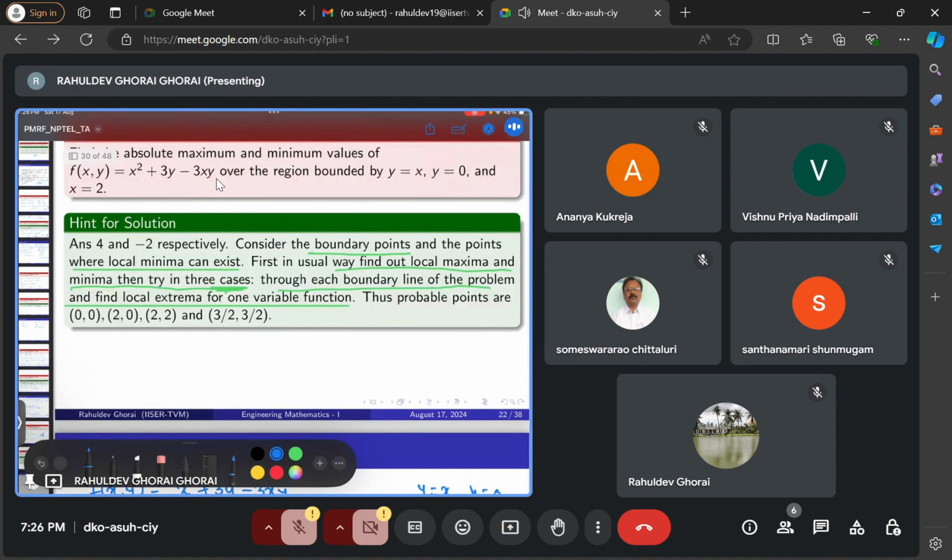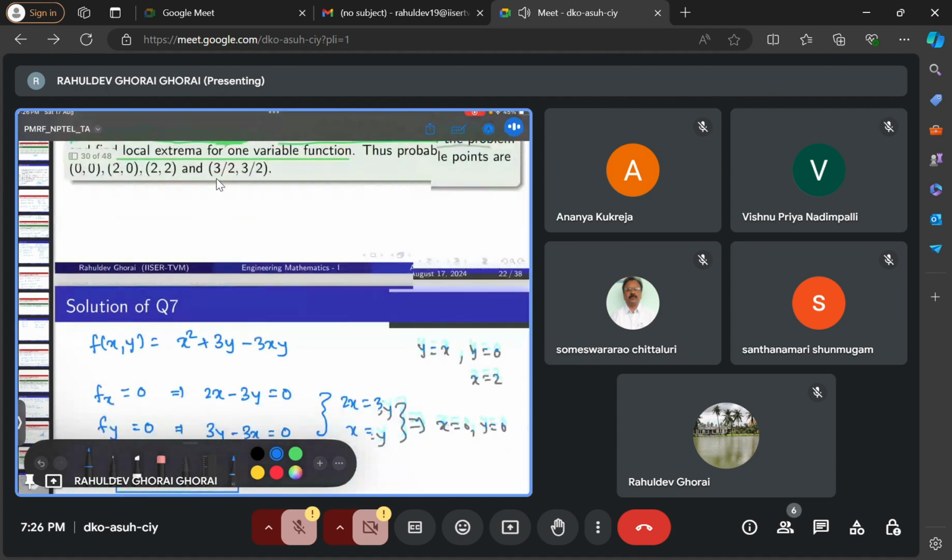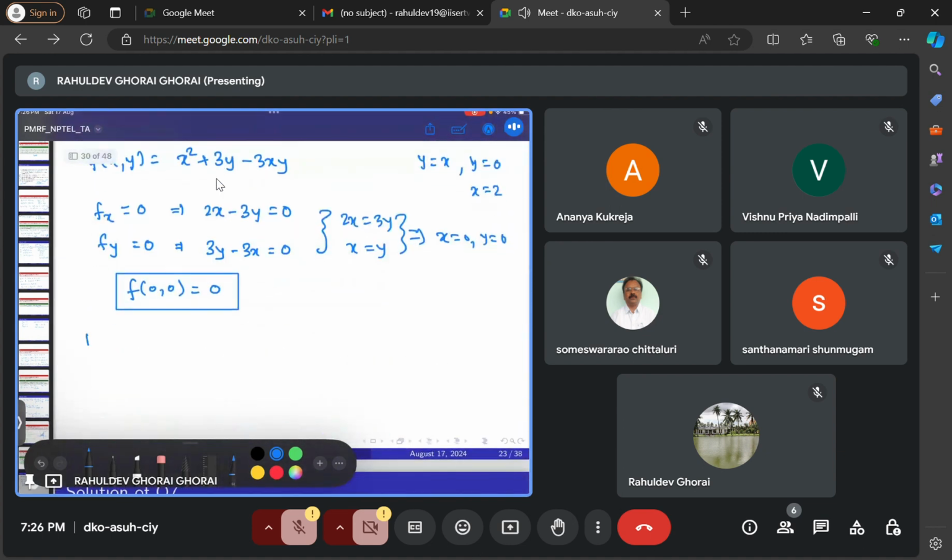Now through each boundary we'll check. So let's go through the y equal to 0 line, and find which point has the maximum. When y equal to 0, f(x,y) will be f(x,0), which is nothing but x square.